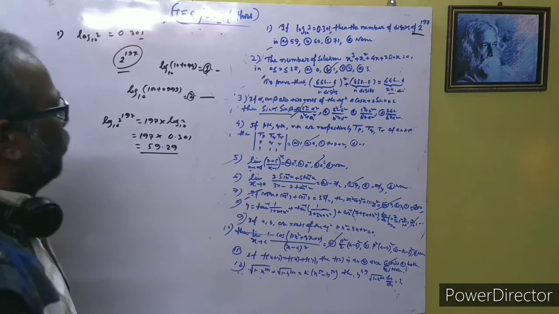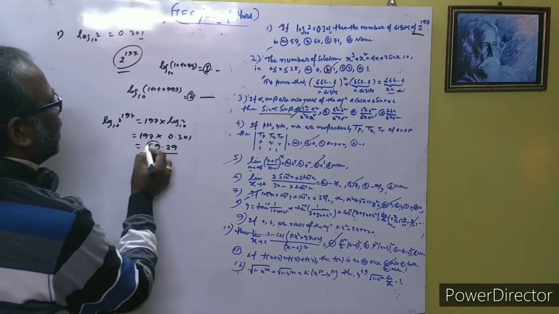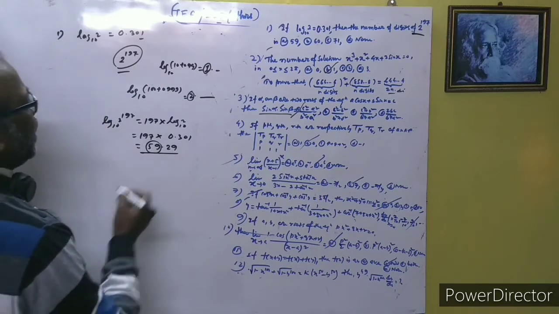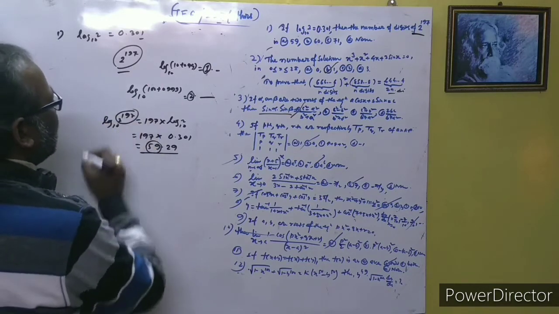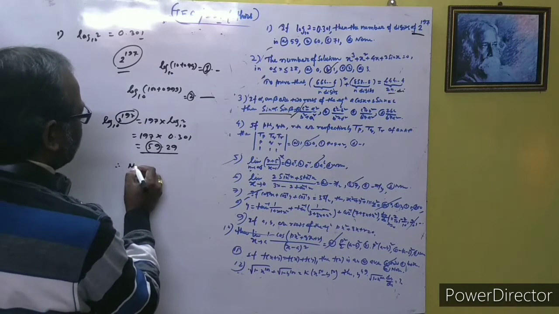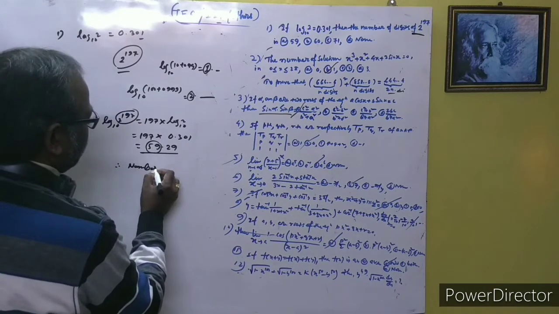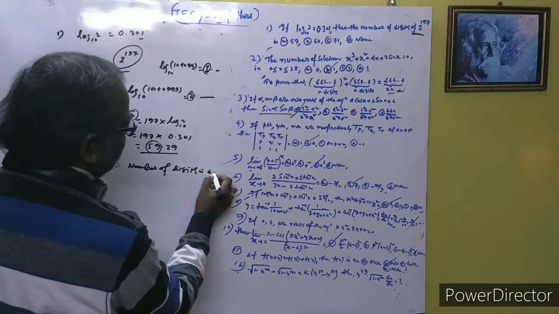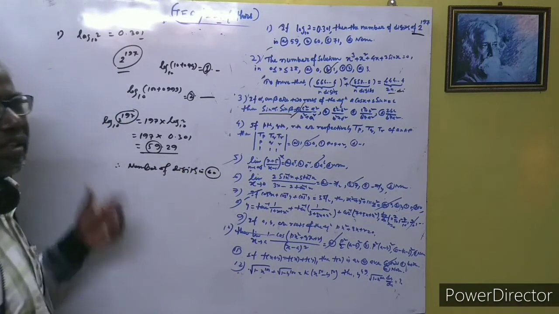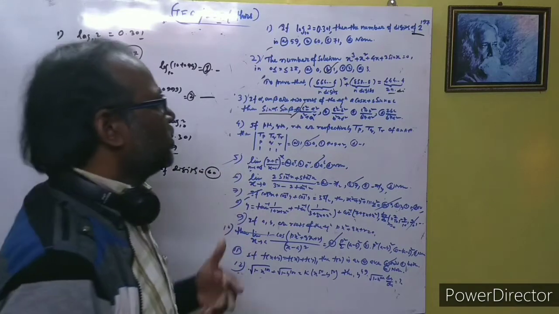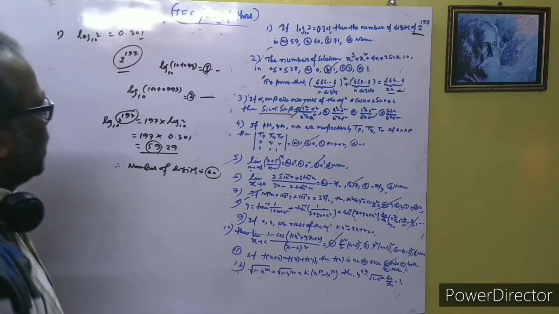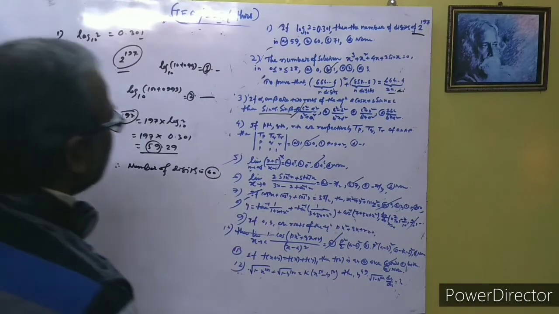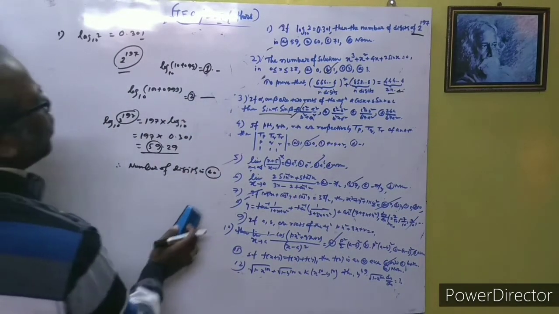So the integer part is 59, so the number of digits of this figure would be 60. Therefore the number of digits is 60. Always one more: if the integer value is something, then one more is the number of digits. See the solution for question number 1. This is very easy.